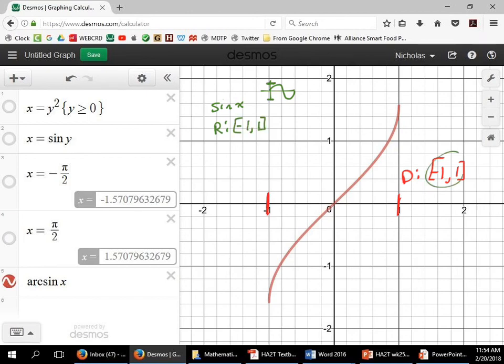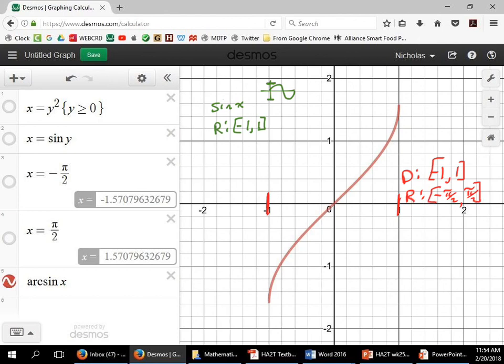But now the domain for my arc sine is the same. What about the range for arc sine? What would that be? -π/2 to +π/2. And those are also inclusive.